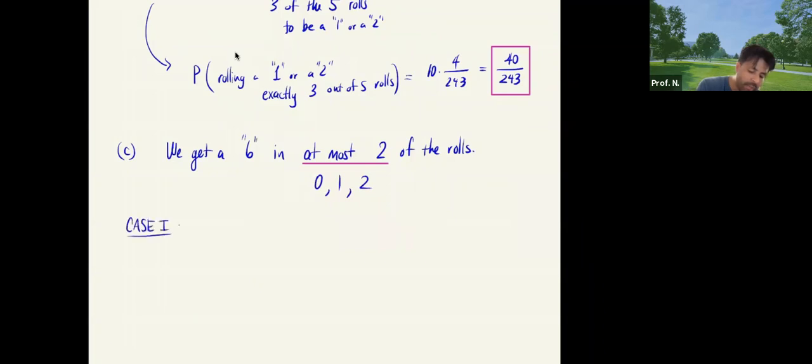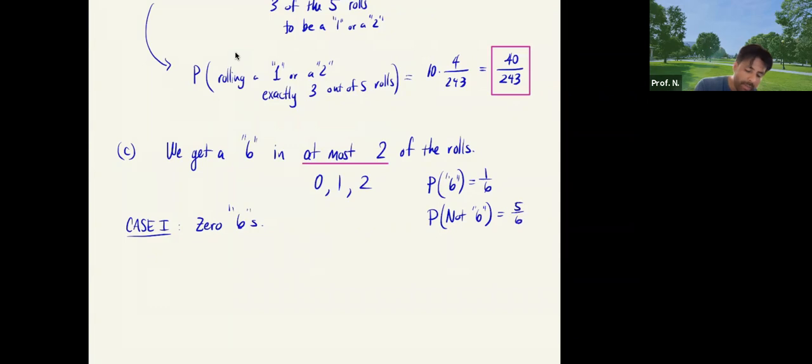Case number 1, I have 0 sixes. So first of all, what's the probability of rolling a 6? 1/6, right? What's the probability of not getting a 6? 5/6.